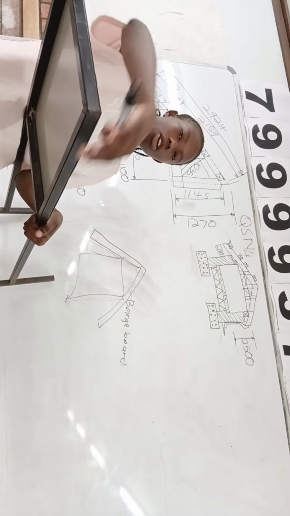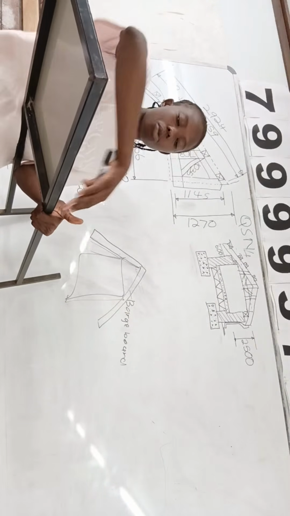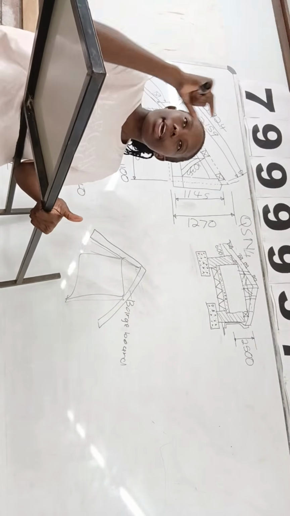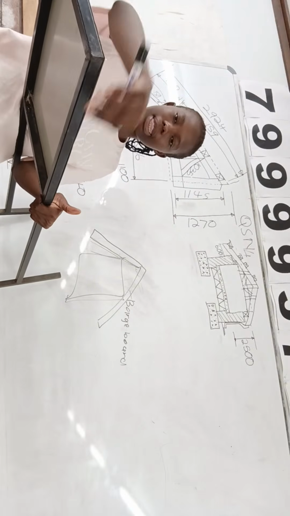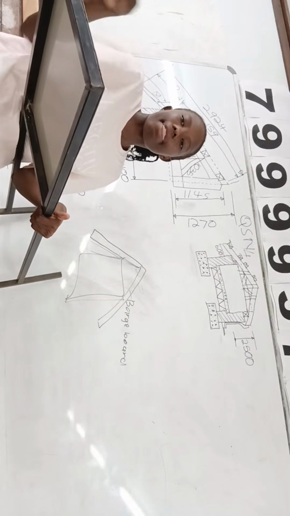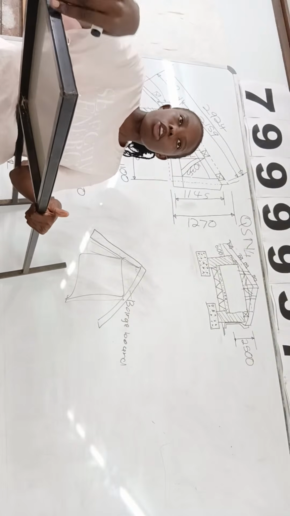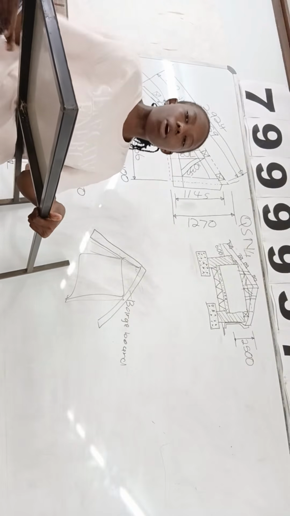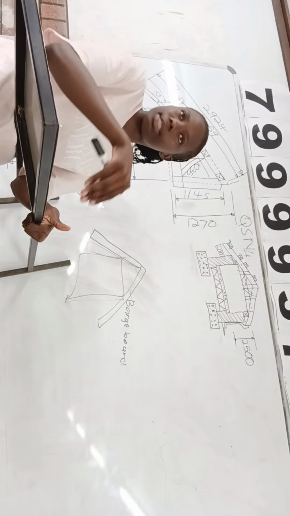This is the long side of your house, and on the roof there is a straight thing called the fascia board. Fascia board is straight, it's on the roof. And on your gable, on the sides, we call it a bargeboard.